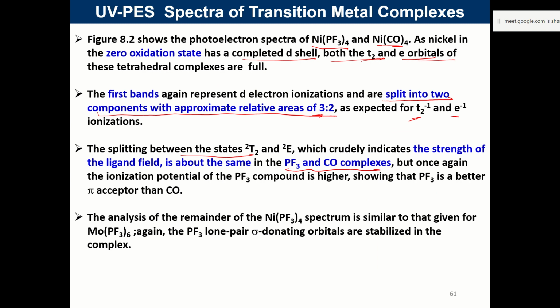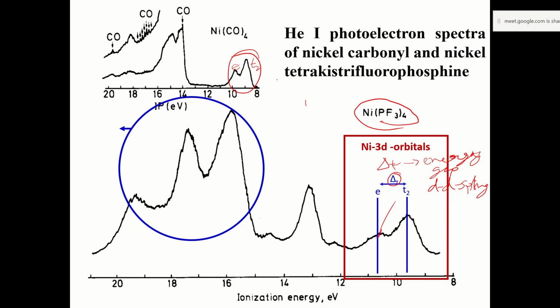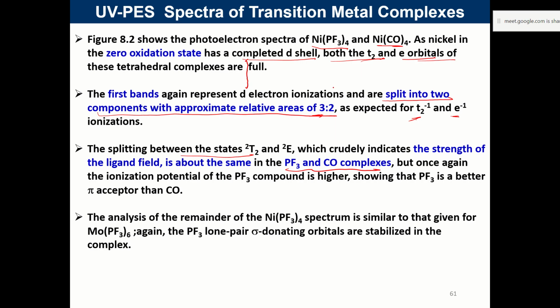अब इन दोनों कॉम्प्लेक्सेस में निकल के केस में भी हम लोग देखें, look at the nickel's metal orbitals. So with PF3, the ionization potential has a value which is on the higher side. ध्यान से देखिए इसका स्केल x एक्सिस पे कितने पे जा रहा है.